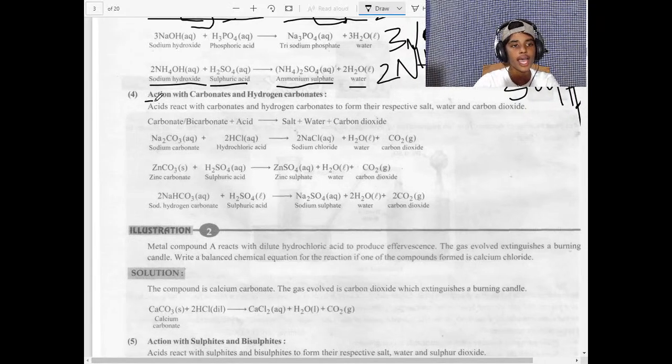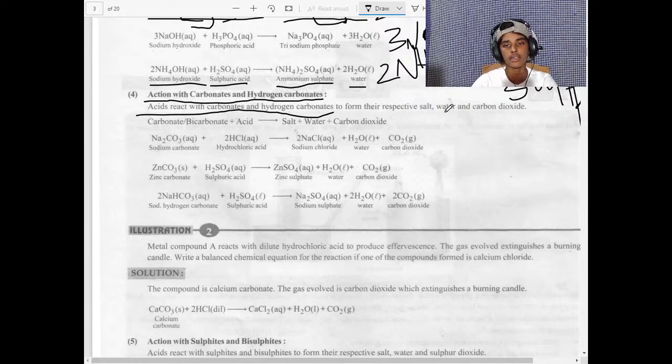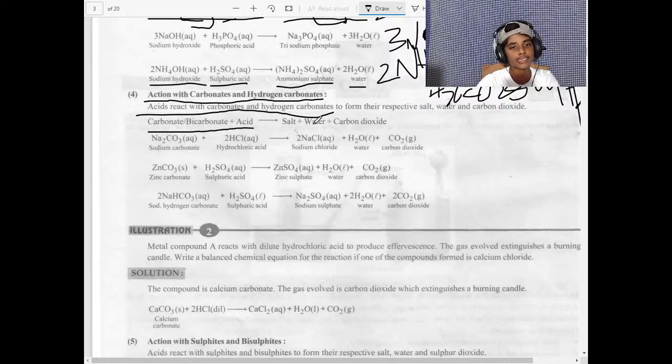Next, reaction with carbonates and hydrogen carbonates. Acids react with carbonates and hydrogen carbonates to form their respective salt, water and carbon dioxide. Carbon dioxide means CO2, water means H2O. Carbonate or bicarbonate plus acid will give salt plus water plus carbon dioxide.